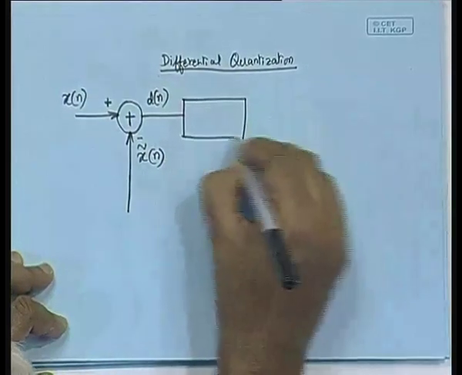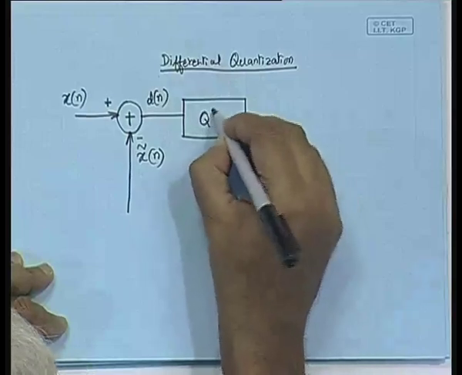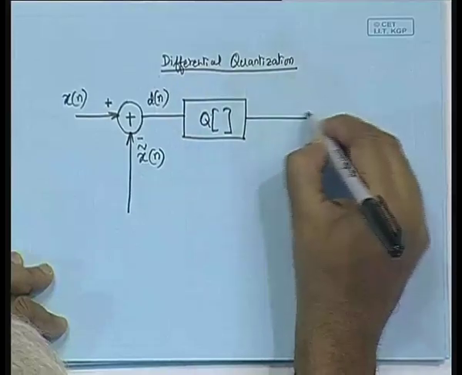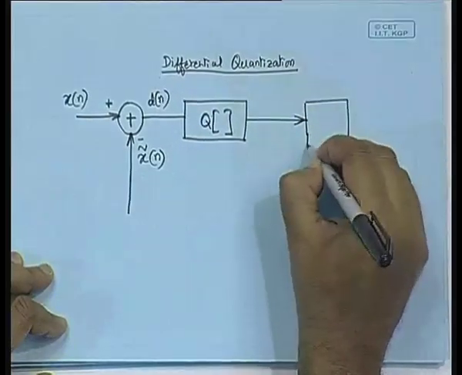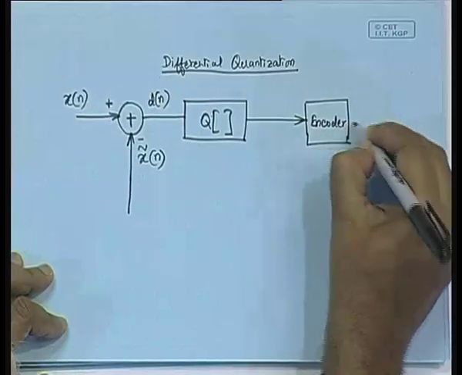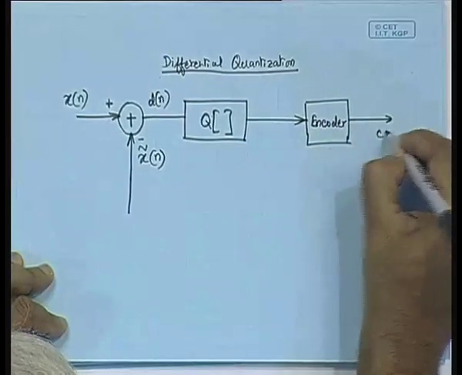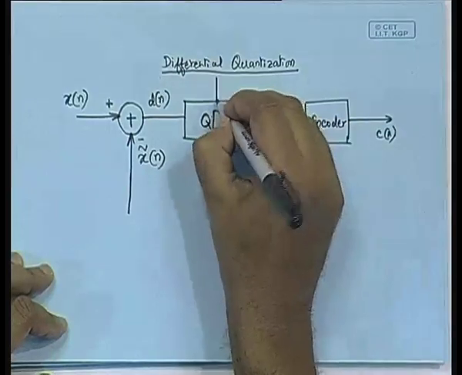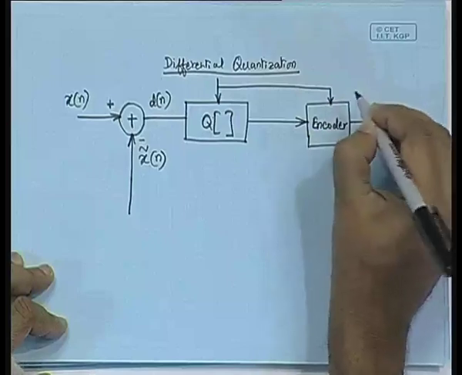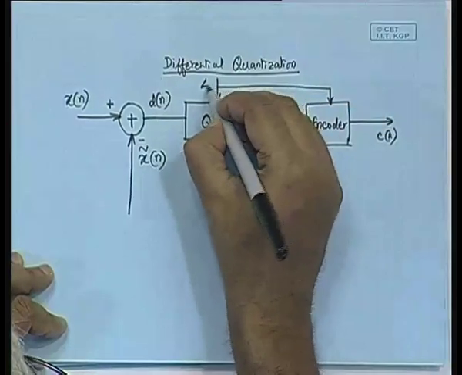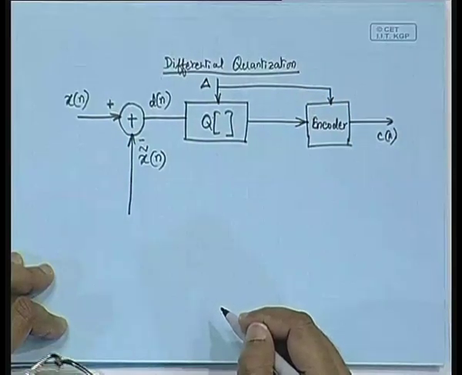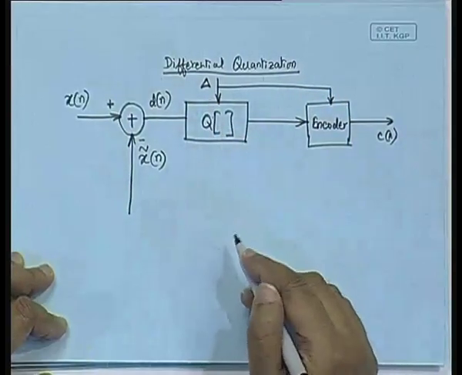Then we have the quantizer Q, and then the encoder and the encoded output, which we call c of n. The quantizer as well as the encoder are controlled by the step size, which we call delta.